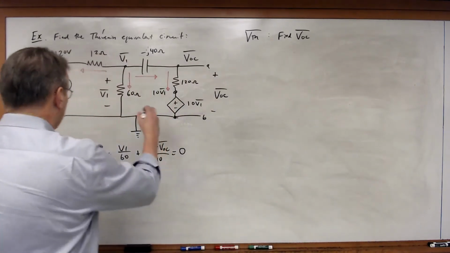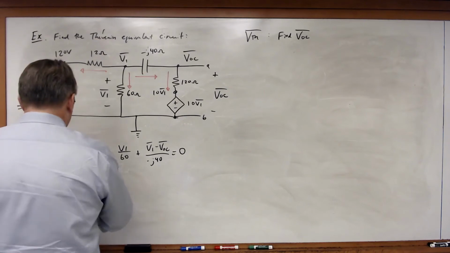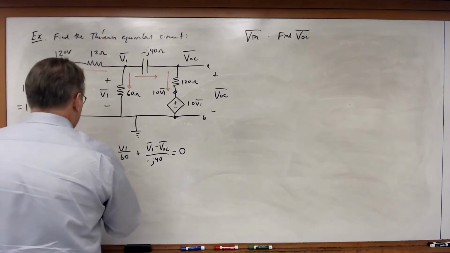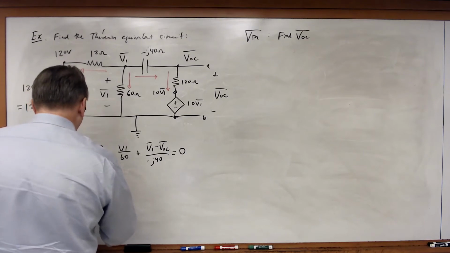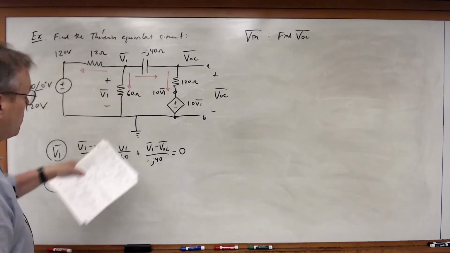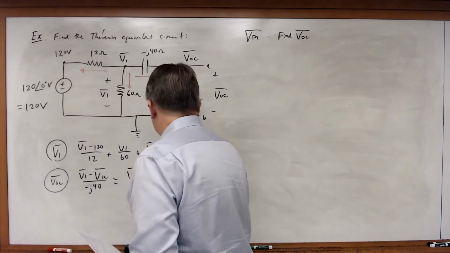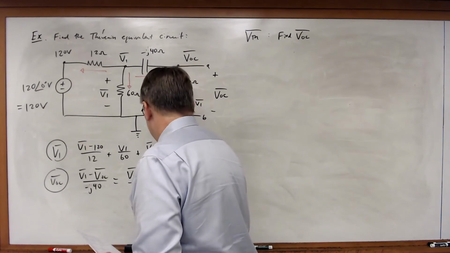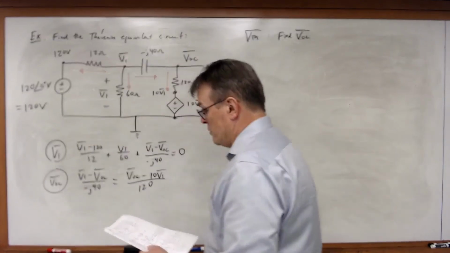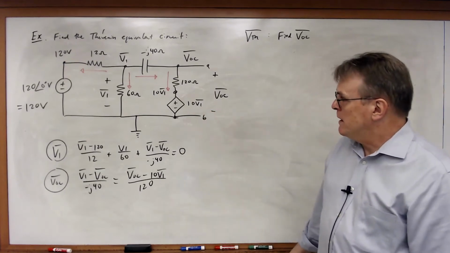And for VOC, we'll have that V1 minus VOC over minus J40 must be equal to VOC minus 10V1 divided by 120.